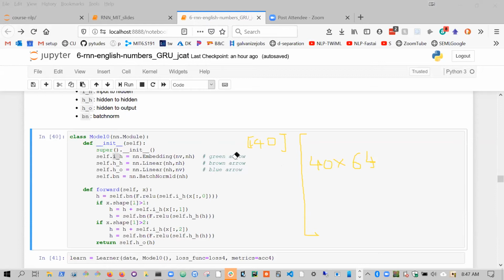The WHH multiplies a hidden vector to give you another hidden vector. And the WOH, or I think we called it YH, multiplies a hidden vector to get you back to a token from our vocabulary of 40 tokens. So are there any questions on that? Just going through what all of these things do.